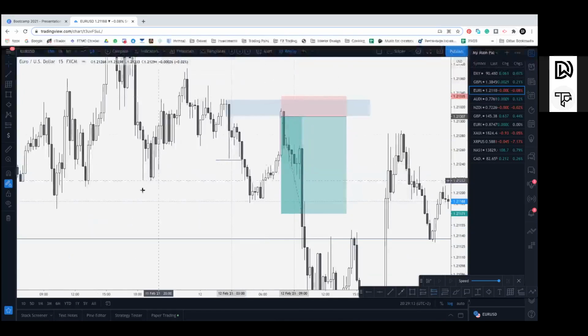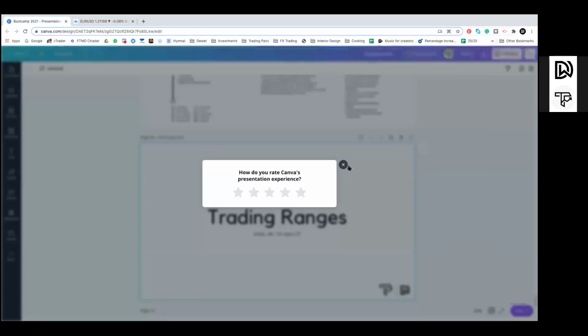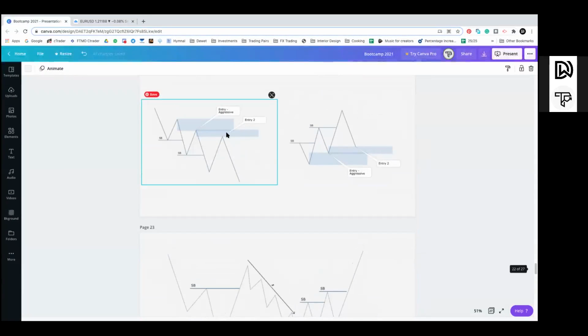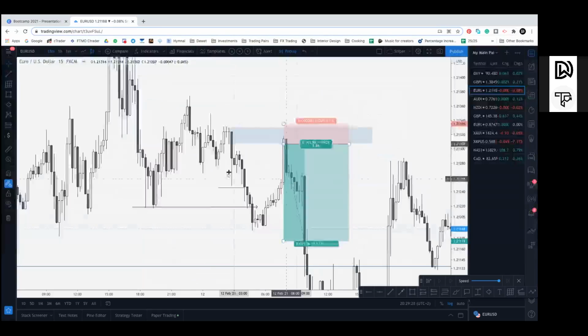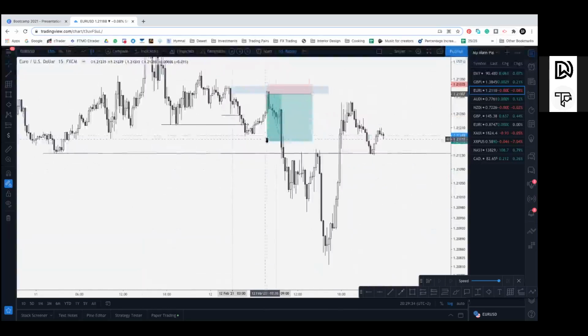We had a structure break, a pullback. Remember that second slide? I'm just going to quickly show you that second slide, this one. We take this concept into consideration. We had a structure break, a pullback towards that order block, and then it flushed towards the downside.